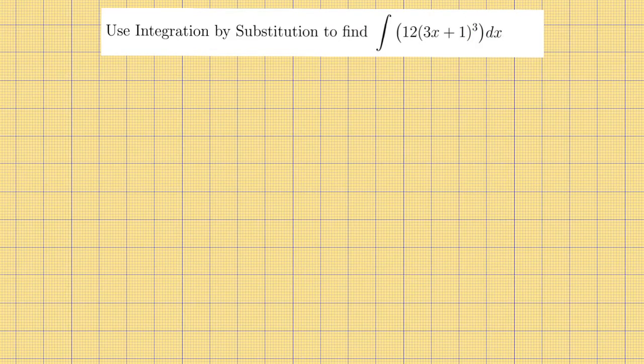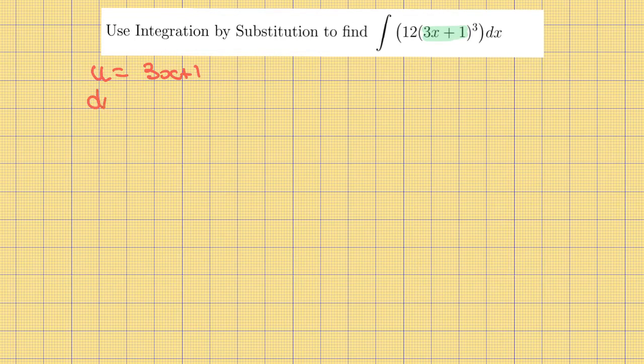Let's do another one. Use integration by substitution to find the integral of 12 times 3x plus 1 cubed dx. The parent function is 3x plus 1. Put that equal to u. So we get u equals 3x plus 1.